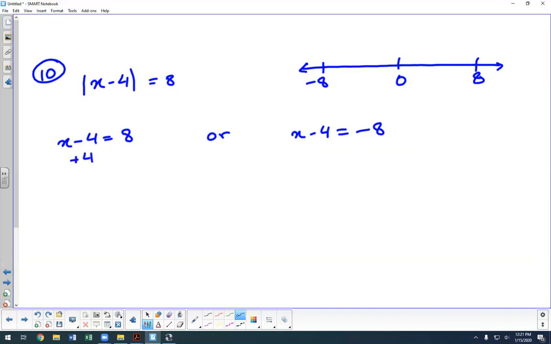12. So move that 4 to the other side, you add 4. 8 plus 4 gives you 12. So basically we're saying if your x is 12, 12 minus 4 will still end up giving us a distance of 8. Or, what happens here?